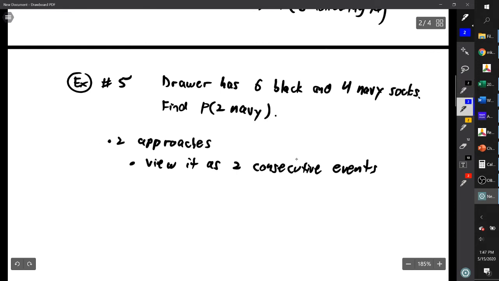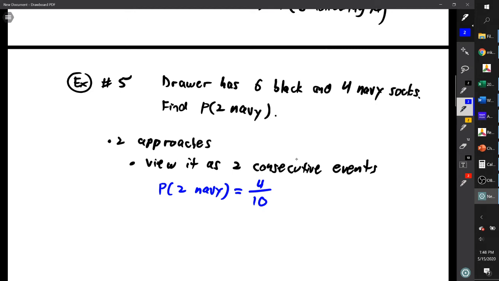So viewing it like this, P of 2 navy is, well, first, what's the probability that out of the 10 socks, the first one that you grab is navy? Well, there are a total of 4 navy socks out of a total of 10 in the drawer. So 4/10 would be the probability that the first sock you grab is navy.